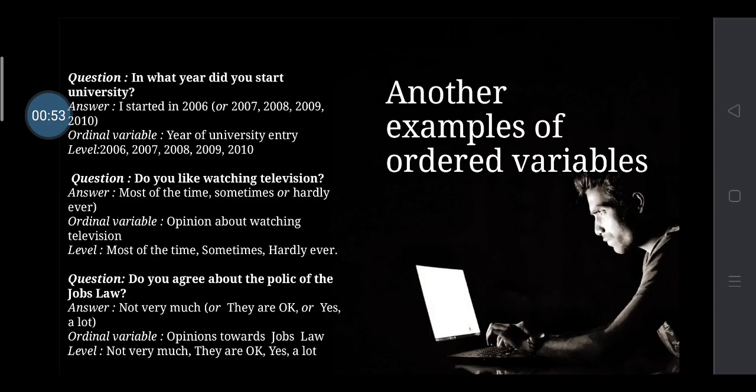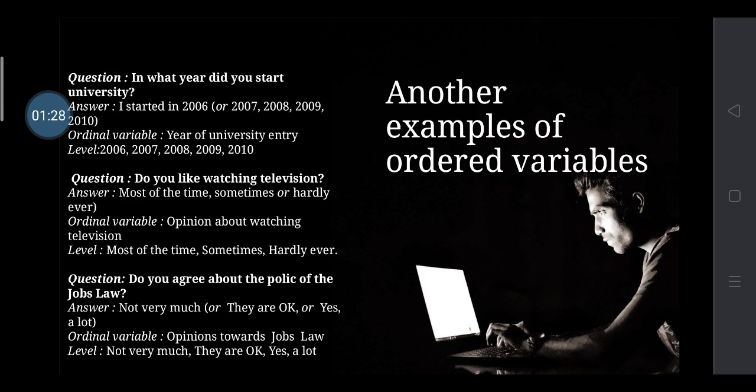Okay, another example of ordered variables, there are three examples of a data variable collected. For the first example, I will explain about each level of this data variable. Question: in what year did you start university? The answers vary from 2006, 2007, 2008, 2009, and 2010.